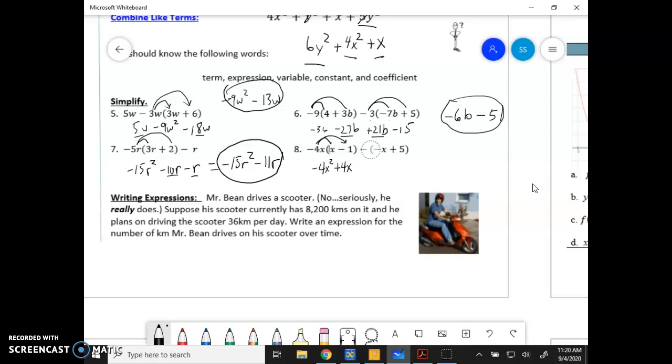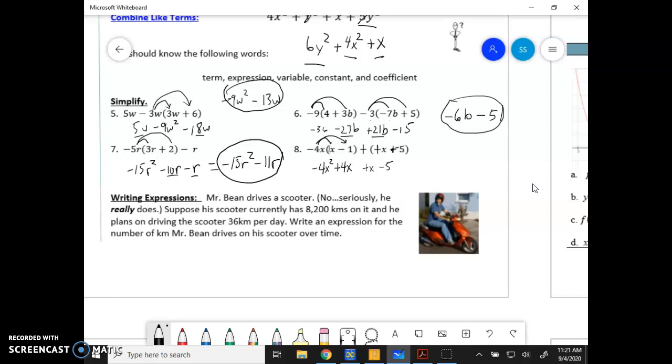But I really want you to get in the habit of, when you see that negative to the left side, just change that to a positive and change all the signs on the inside. So this is negative, so I make this positive, and now I'm going to make this negative. So I'm going to drop this down as a positive x and a negative 5.